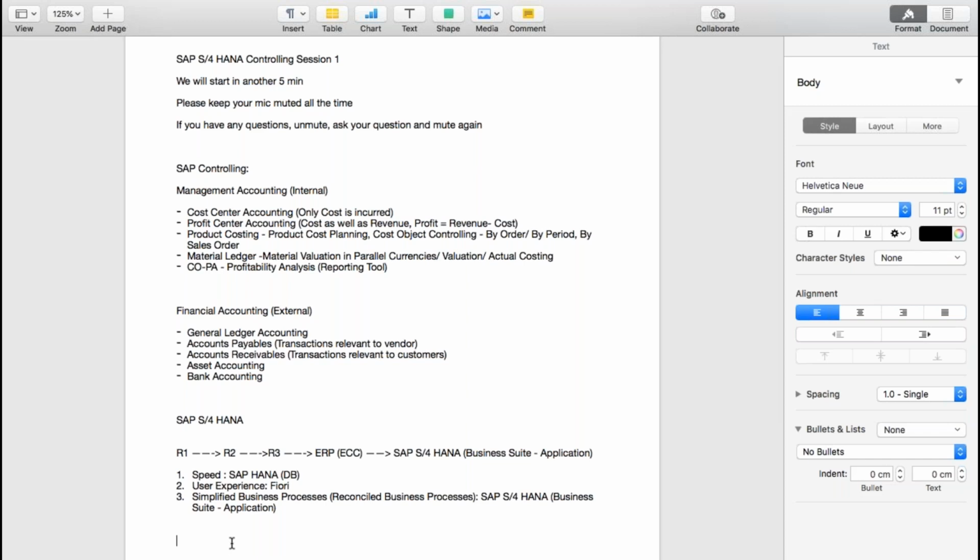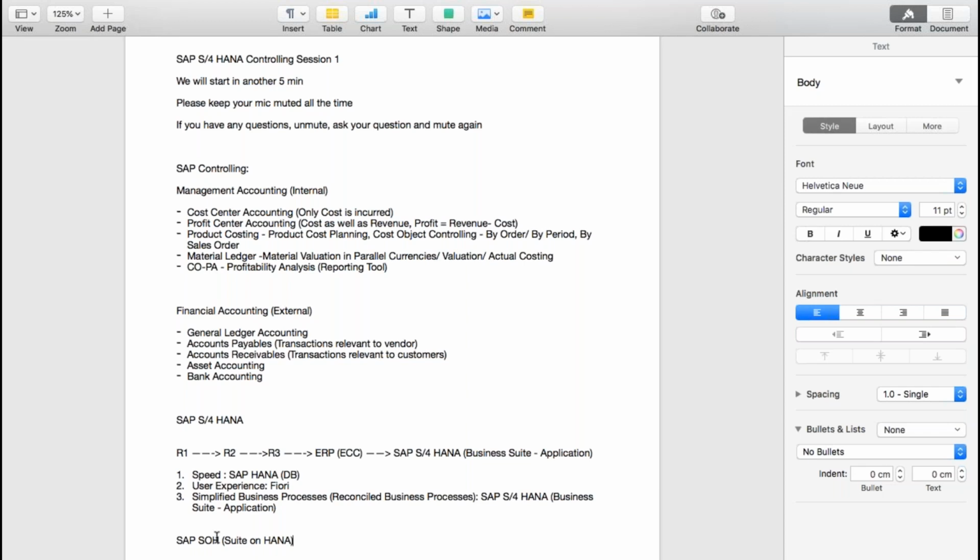SAP HANA is a database. If I'm using SAP ECC along with the HANA database, any idea what would be the name of that product? No, Vikram. It is called SAP SOH, Suite on HANA.